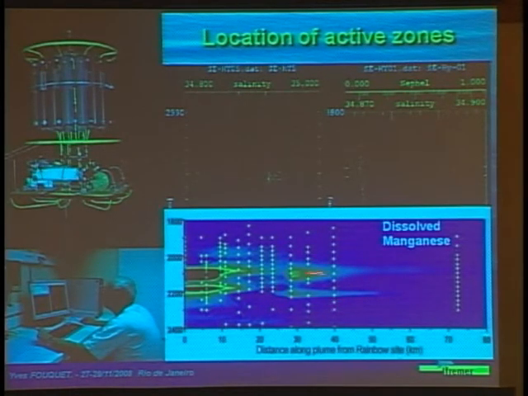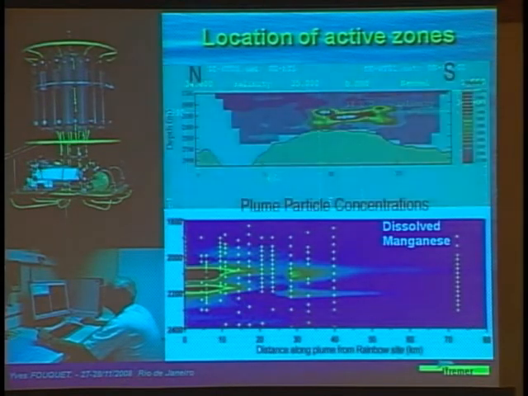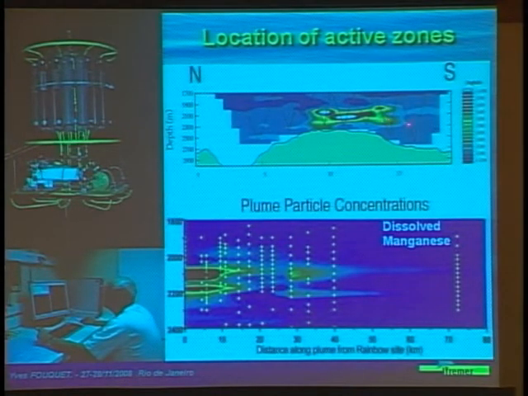But this is not enough, because when you have the plume, you know that there are vents, but you don't know where they are. The interesting point for this plume is to look for the root of the plume. For example, here we have the plume, we have the ridge, but also we see that the plume is floated somewhere. This means that the vents are somewhere here. So this is a general strategy we use for locating active vents.